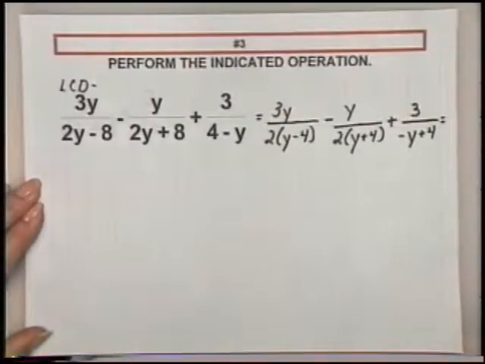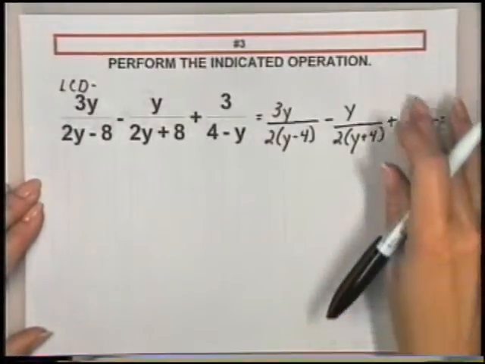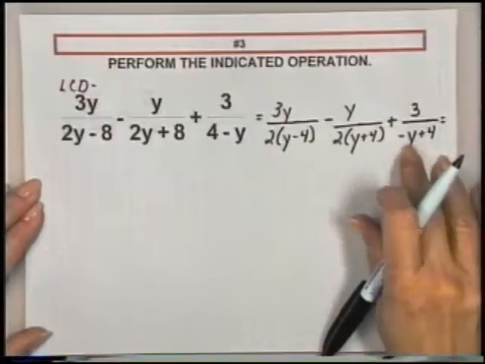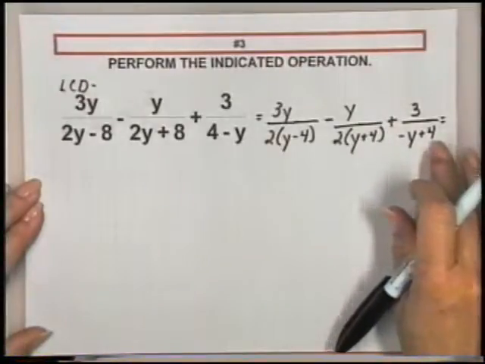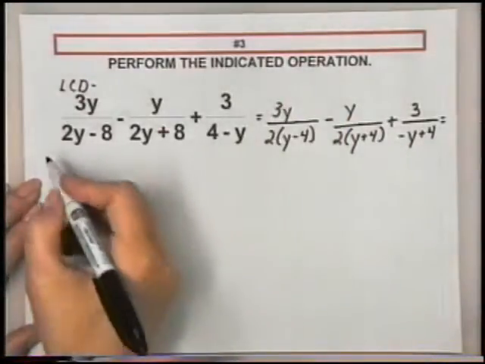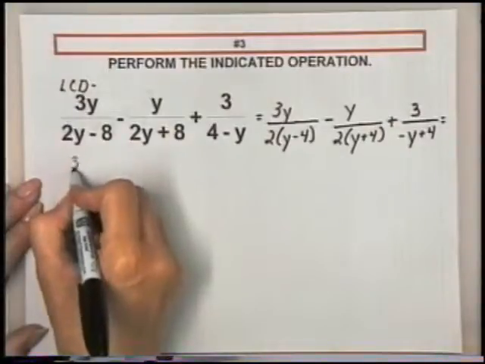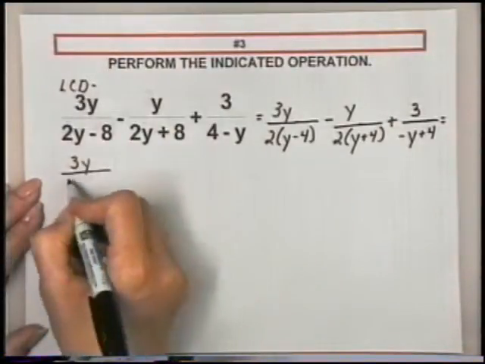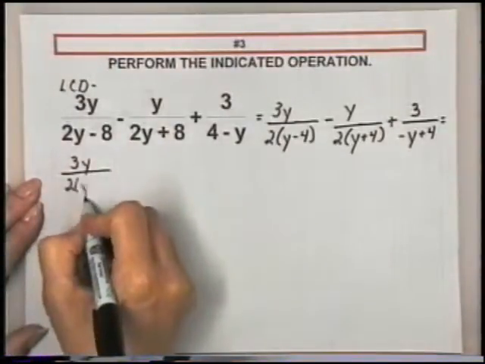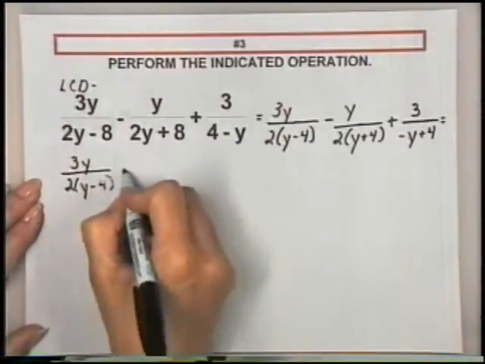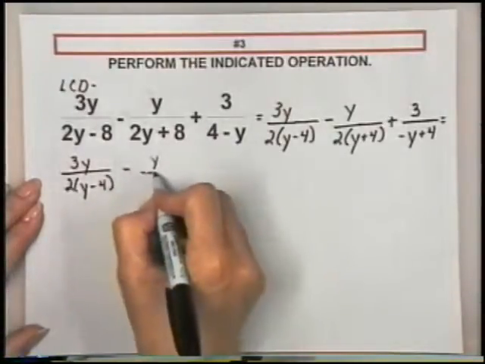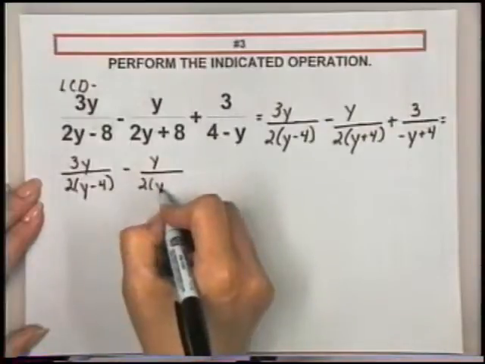Now, before I find the LCD, I want to work with this fraction that has an opposite factor in the denominator. Let's rewrite this first fraction. Let's rewrite the second fraction.